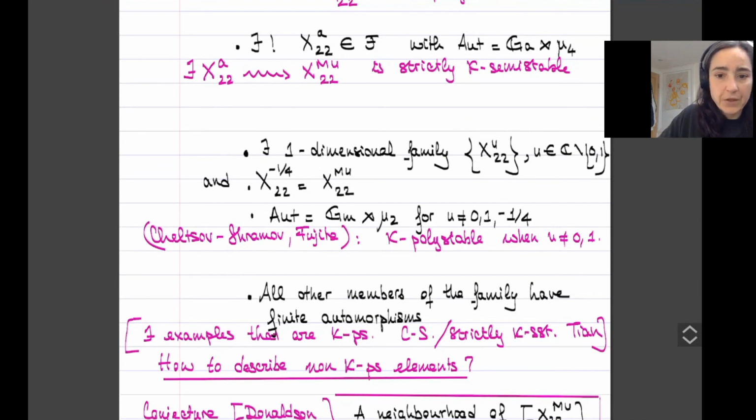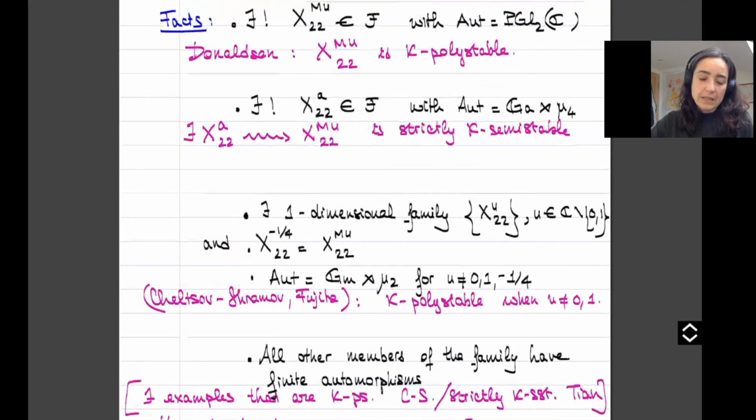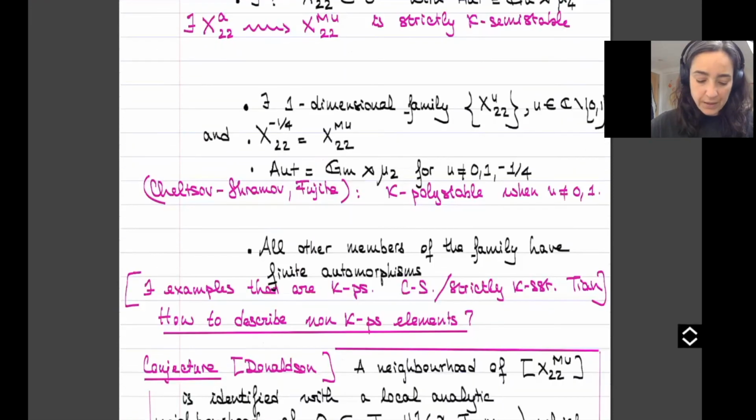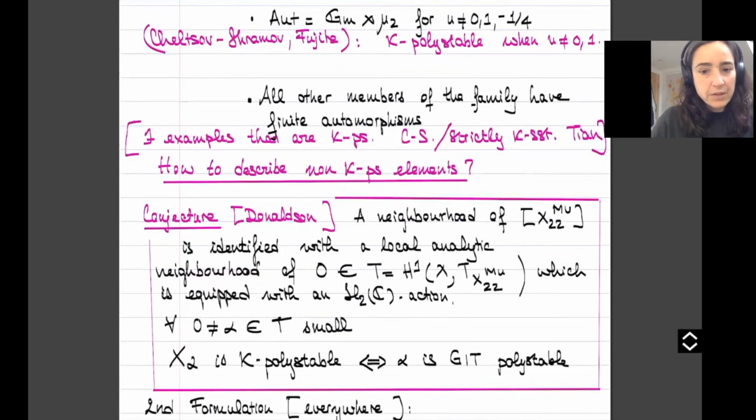So quite a diverse picture. And so in a sense, we know what happens along a one-dimensional subfamily of this, but we have a six-dimensional moduli, and pretty much anything goes as to what's going on there. So Donaldson had a conjecture to describe non-K-polystable elements. His conjecture was in a neighborhood of the point representing the Mukai-Umemura threefold.